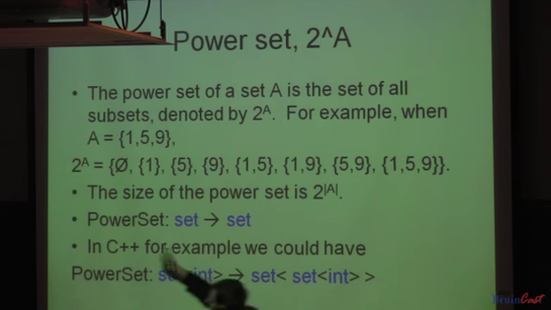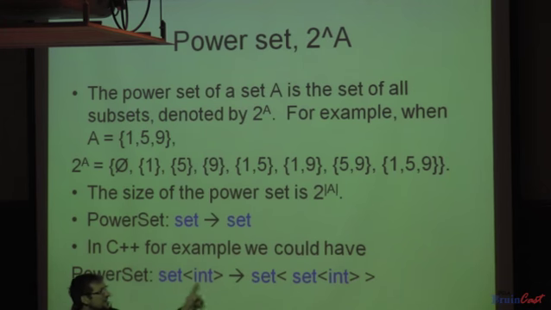Now, the power set in general, in a mathy sort of sense, maps a set and creates another set. But in C++ land, we have a very specific input and a very specific output. So if we input a set of ints, what we get is a set of sets of ints.